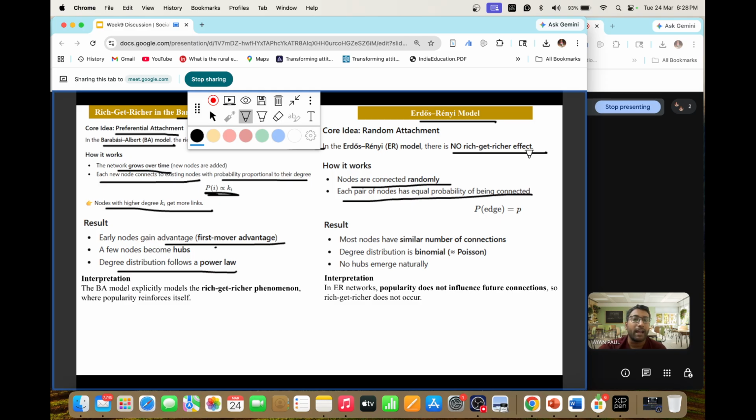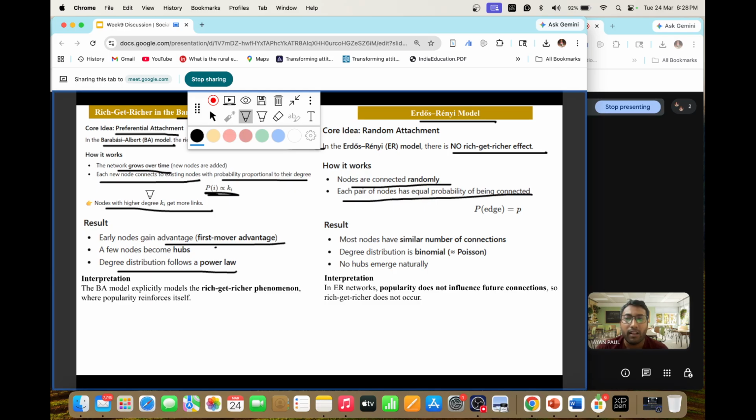In the BA model, the network grows over time, and each new node connects to the existing nodes with probability proportional to their degree, that is, pi is proportional to ki. Nodes with higher degree ki get more links. But in the ER model, nodes are connected randomly, and each pair of nodes has equal probability of being connected, with probability P.